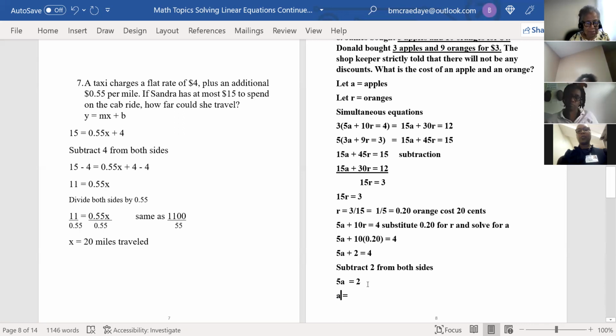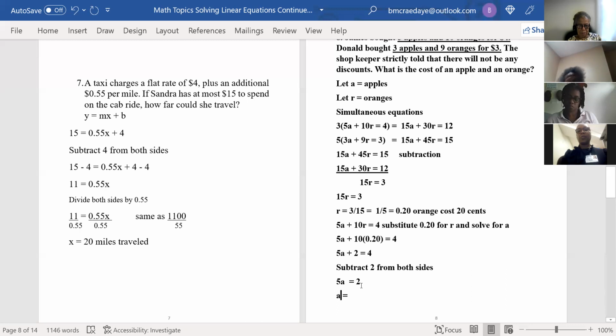How do I solve for A? 5 multiplied by A is 2.